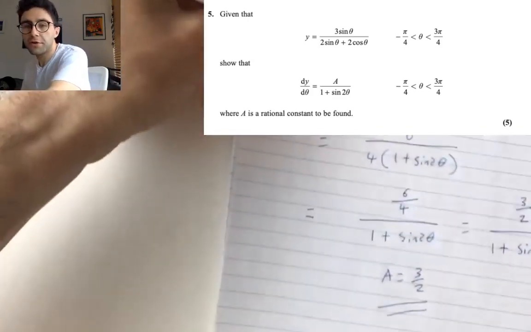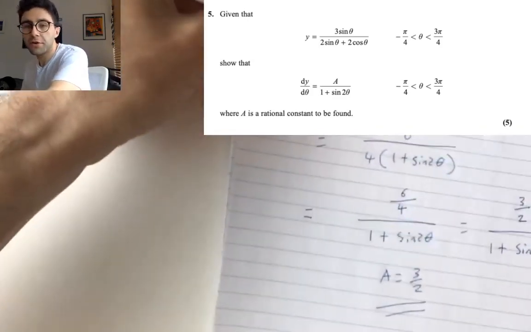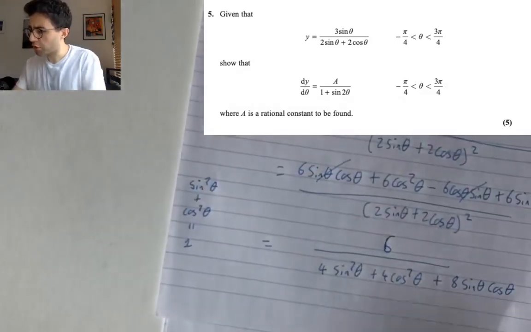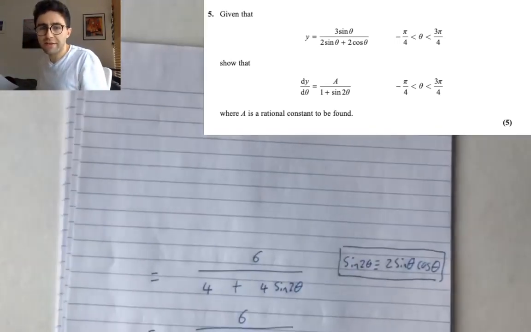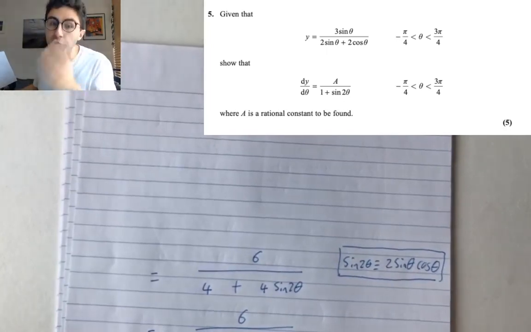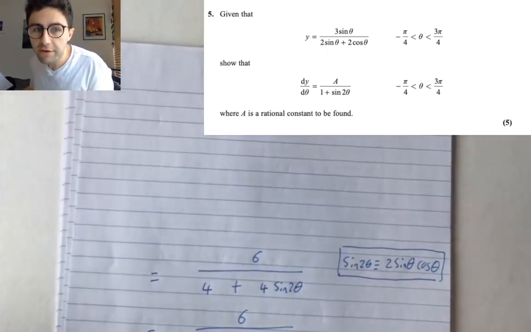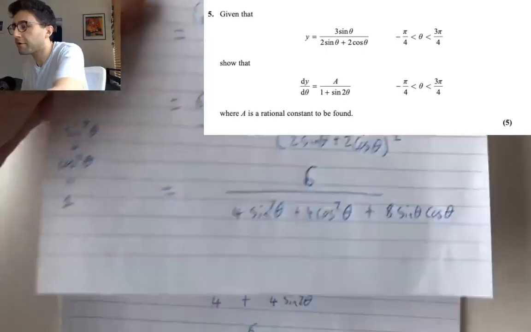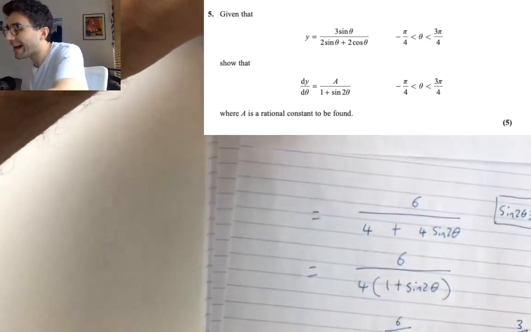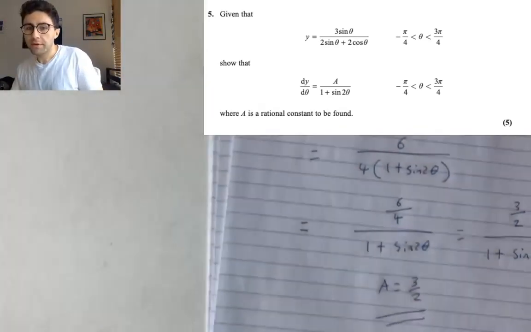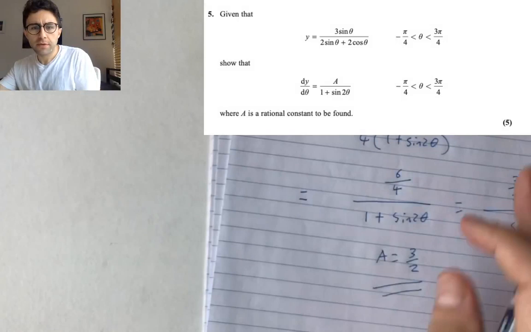The only other little funky doodah that you needed was the old sine 2 theta equals 2 sine theta cos theta. You also need the cos squared theta plus sine squared theta equals 1, but that's not too dramatic, I hope. And A equals 3 over 2.